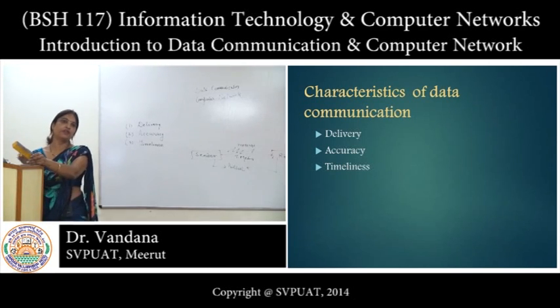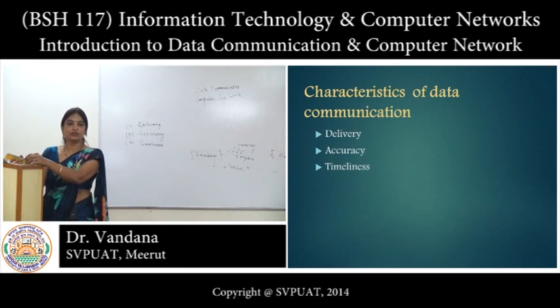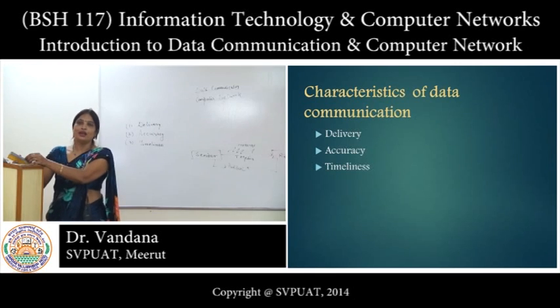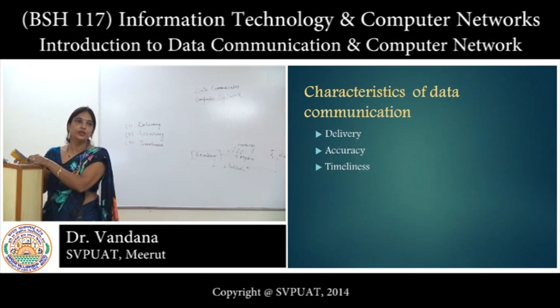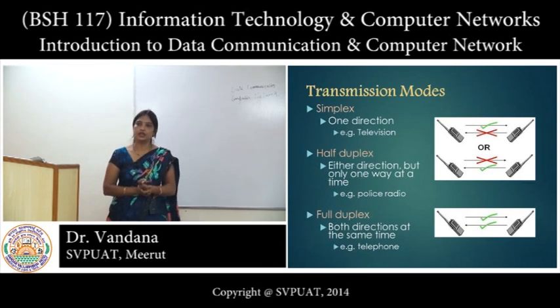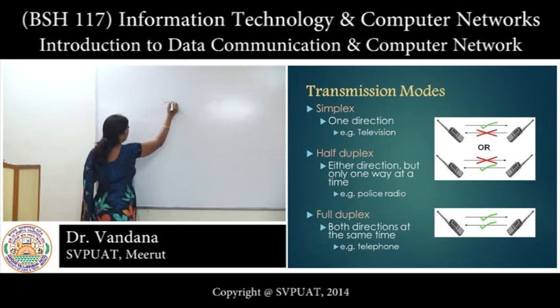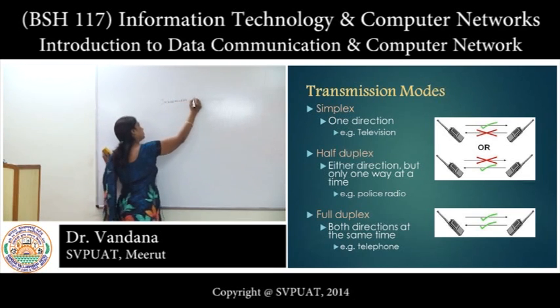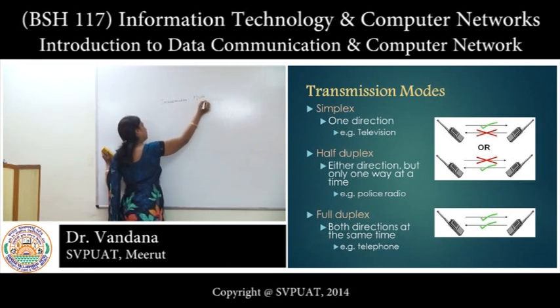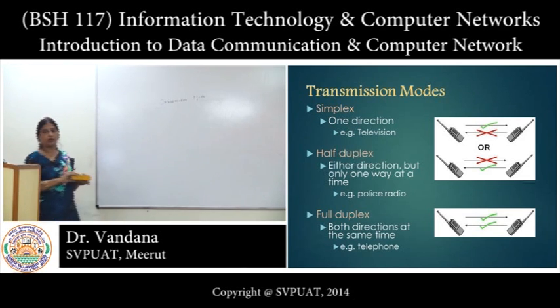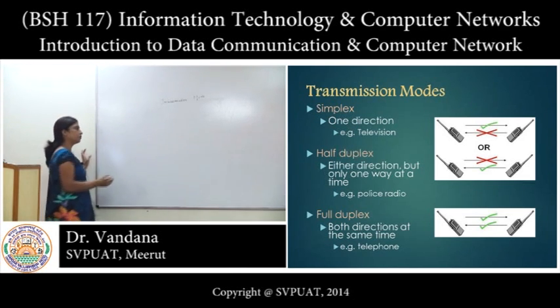Before sending some information from node A to node B, we should know in how many ways transmission can take place, or simply, what are the different transmission modes. By transmission mode, I mean the manner in which communication between two or more devices takes place.